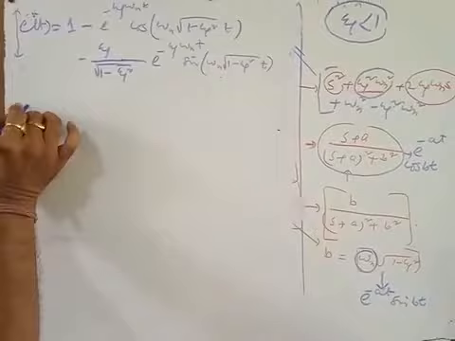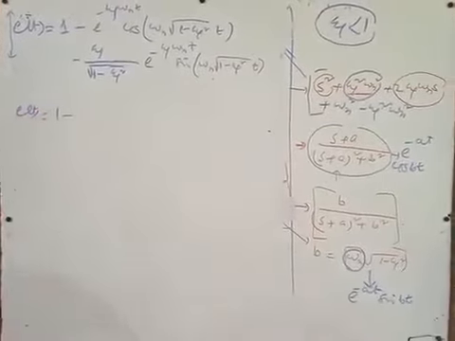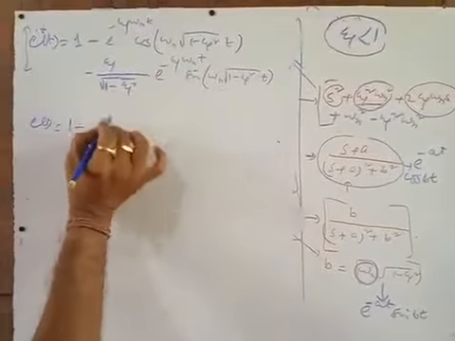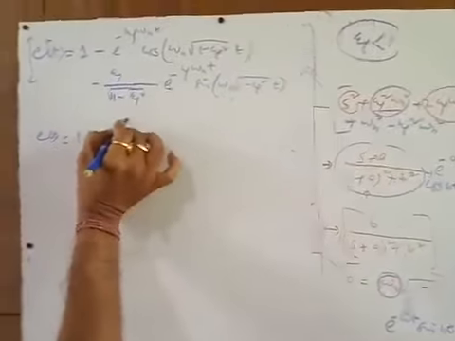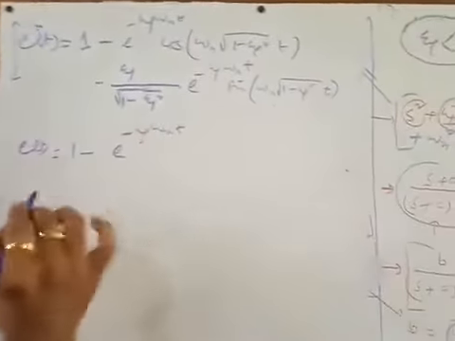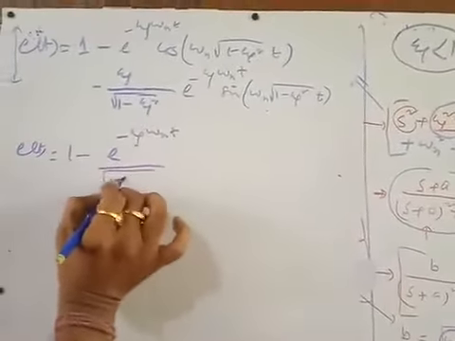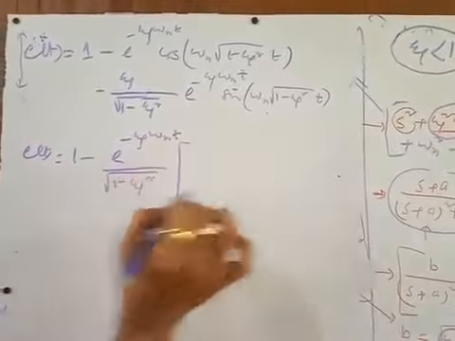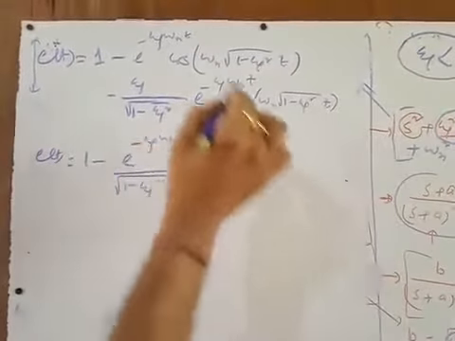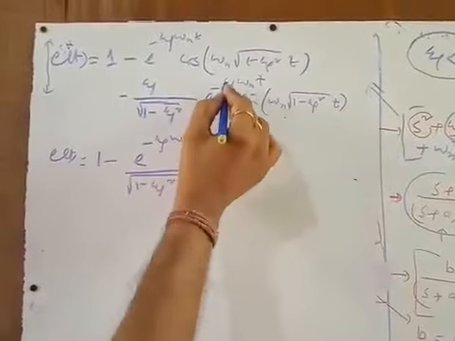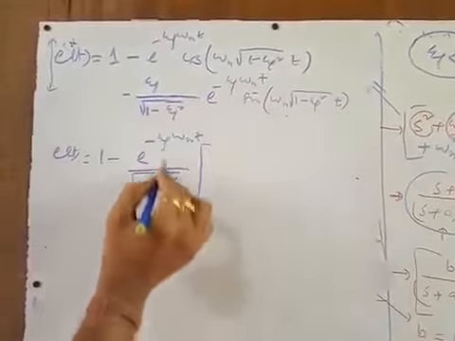You can write C(t) equal to 1 minus, if you take the common form, e to the power minus xi omega n t by root over 1 minus xi square. This part, e to the power minus xi omega n t by root over 1 minus xi square, is common.